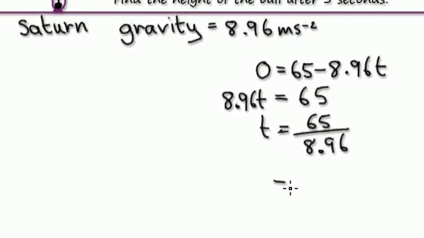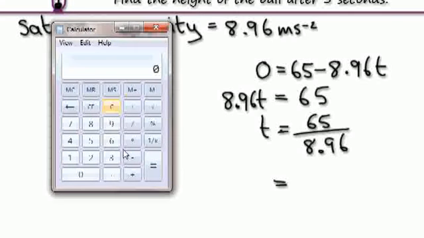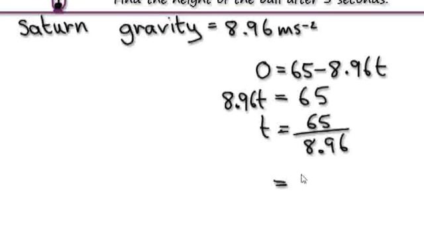Jump to a calculator: 65 divided by 8.96 equals 7.25.